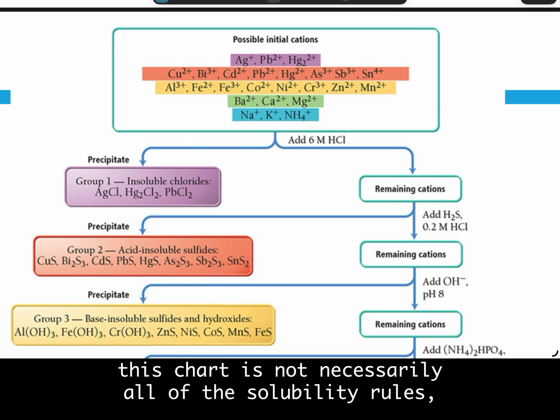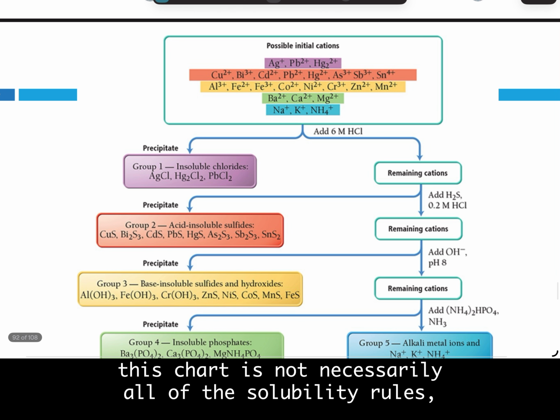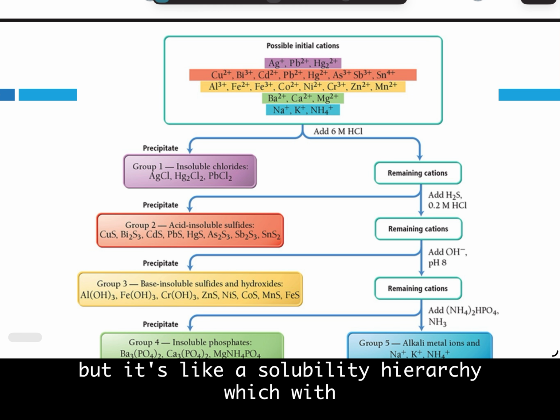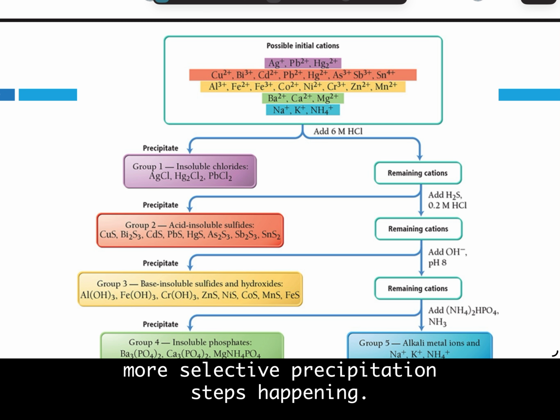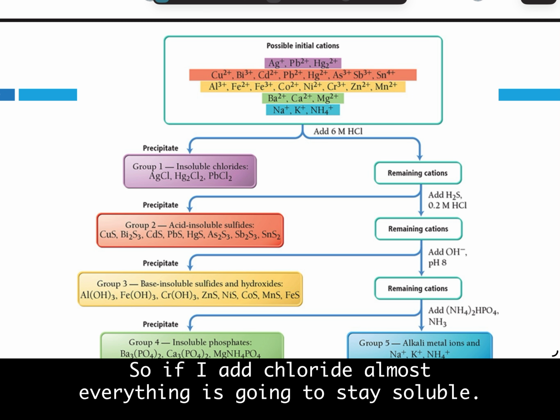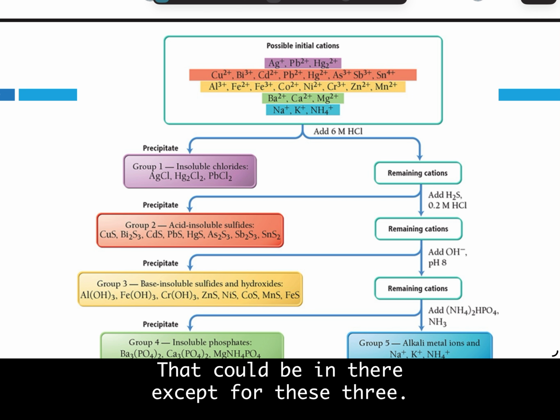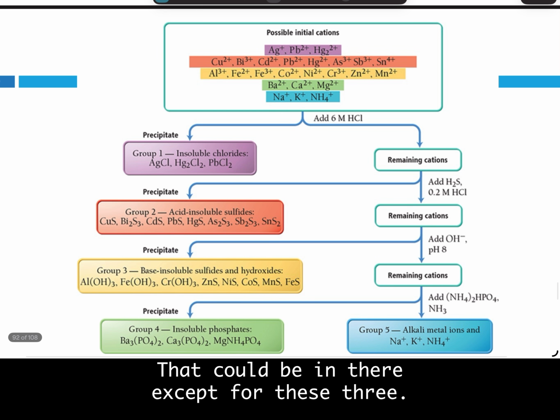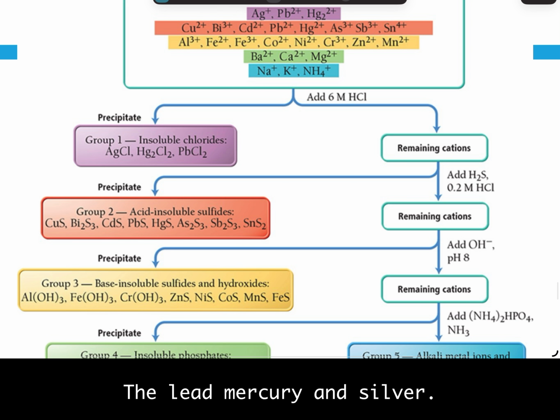That's why this chart is not necessarily all of the solubility rules, but a solubility hierarchy, with more selective precipitation steps happening first. So if I add chloride, almost everything stays soluble except for these 3, the lead, mercury, and silver.